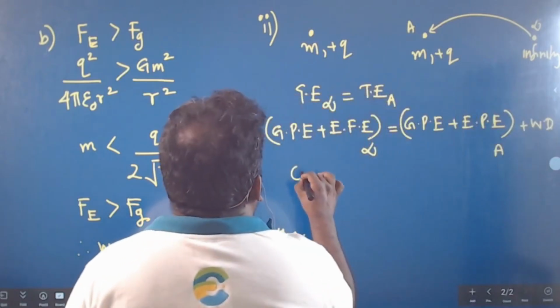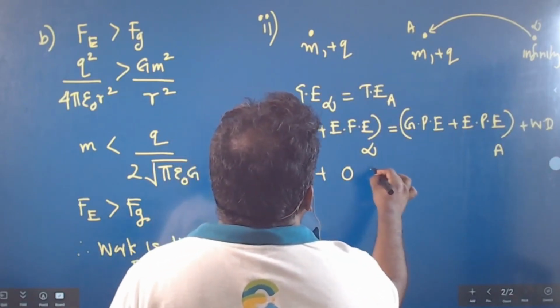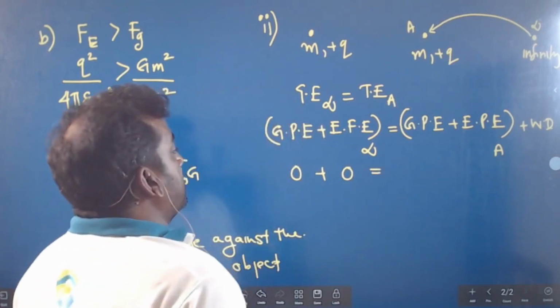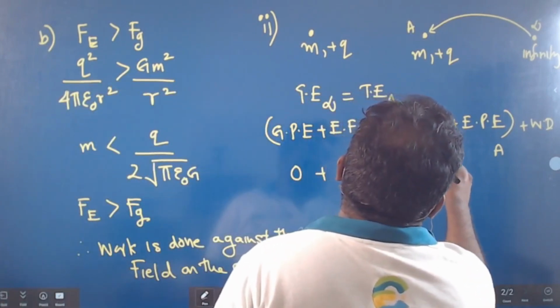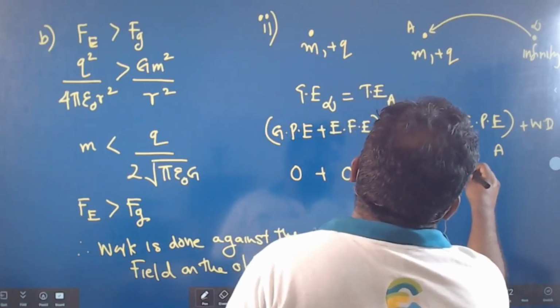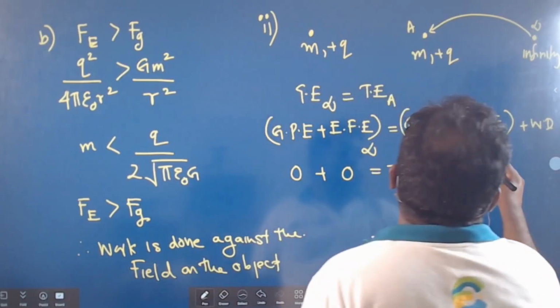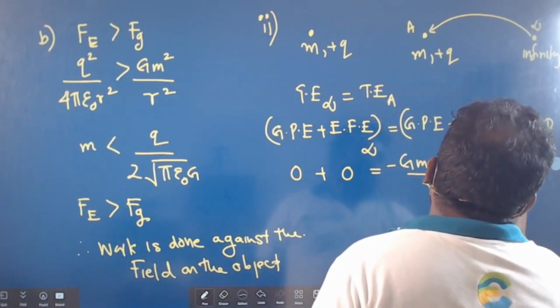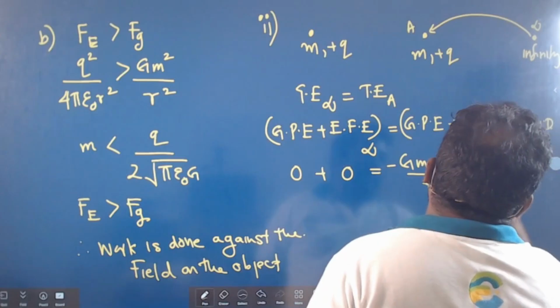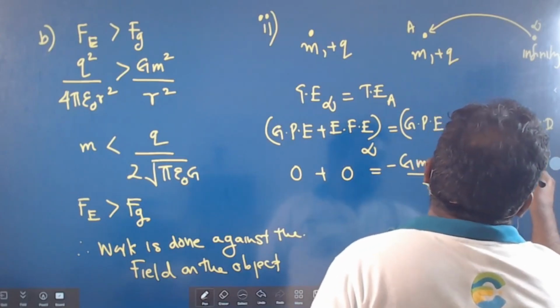So gravitational potential energy 0, electric potential energy 0, equals minus capital G m times m over r, plus potential q over 4 pi epsilon naught r times q, plus the work done.